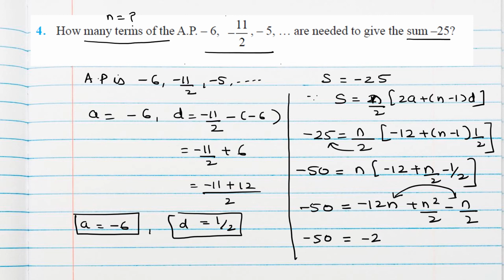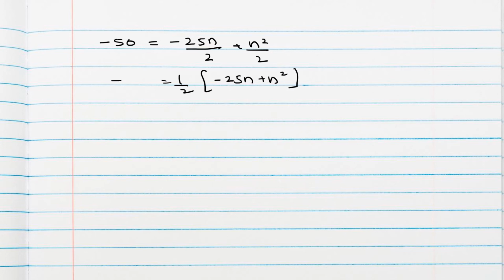So minus 24n minus n by 2 plus n square by 2, that is minus 25n by 2 plus n square by 2. So again 1 by 2 we can take common and multiply: minus 100 equals minus 25n plus n square.